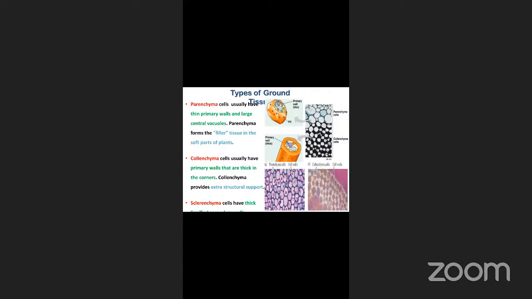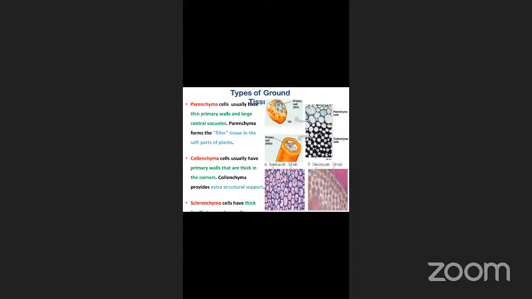Storage parenchyma always stores different types of substances: sugars, other insoluble carbohydrates, and proteins.